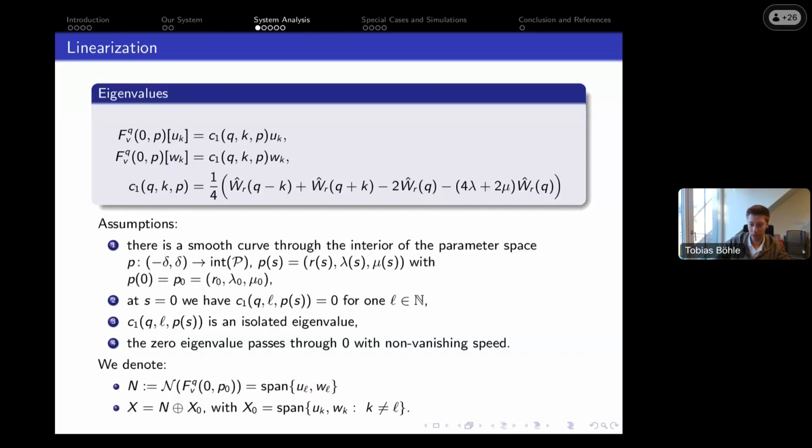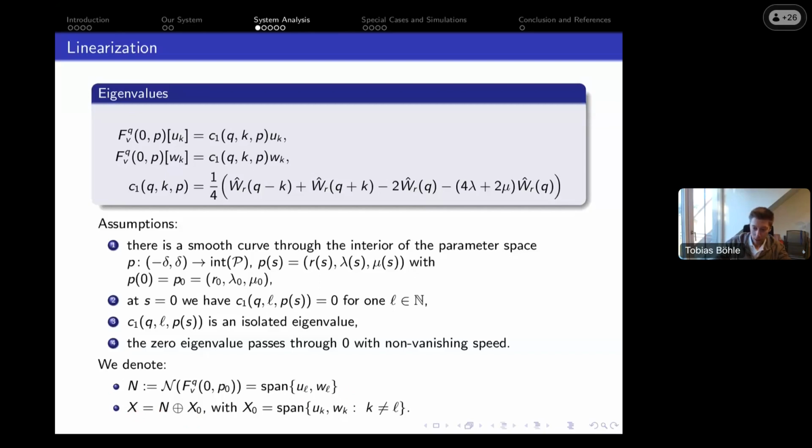So that's why the null space is given by the span of the 2 functions. So this is a 2-dimensional null space, which also explains the multiplicity, that this is 2 in this case. And I also want to introduce the notation X_0, which is the trivial complement of the null space in the total space X.